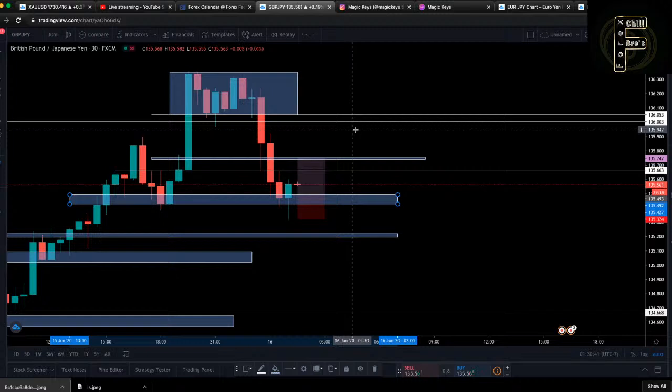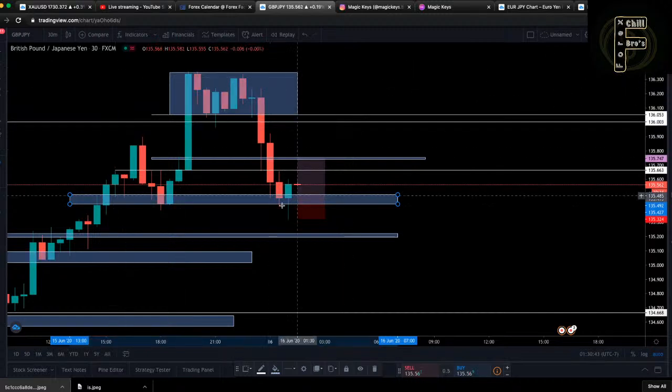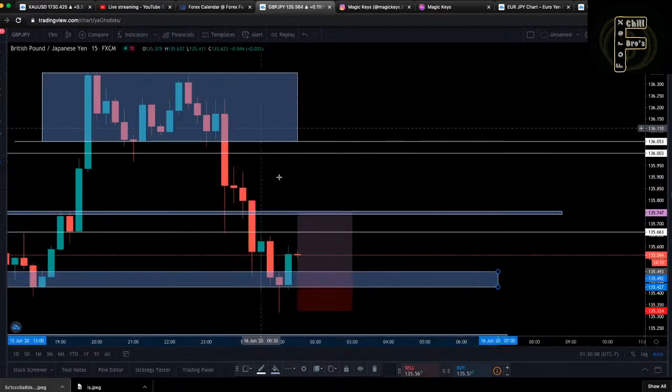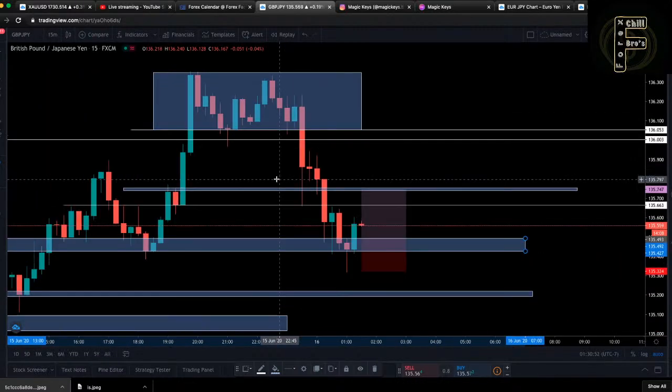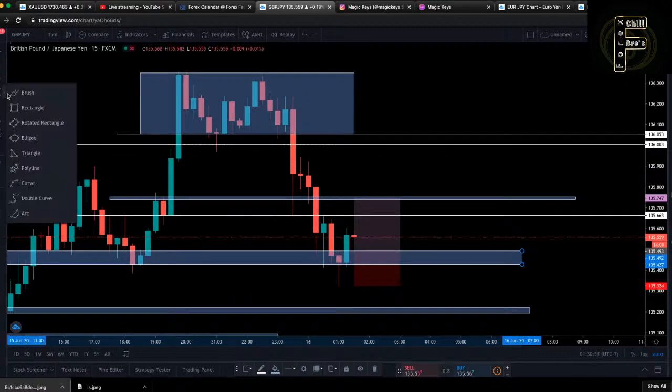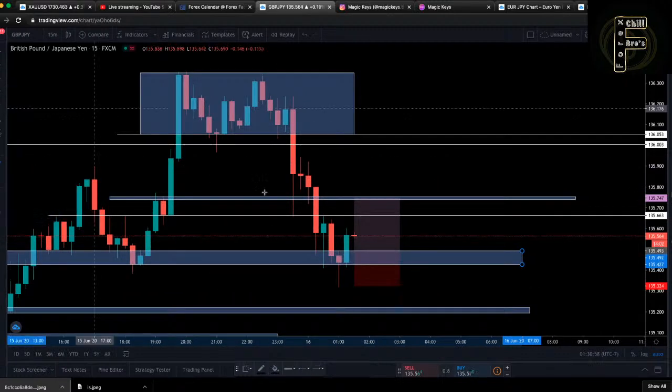There's going to be a push to the upside, that I know for sure. The support has been formed, so it really makes sense for us to go find a resistance. Price is going to do something like this. Let's see a brush.